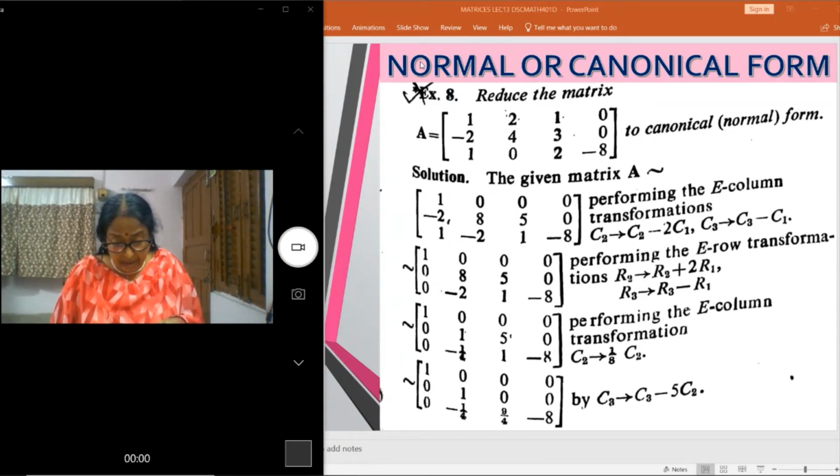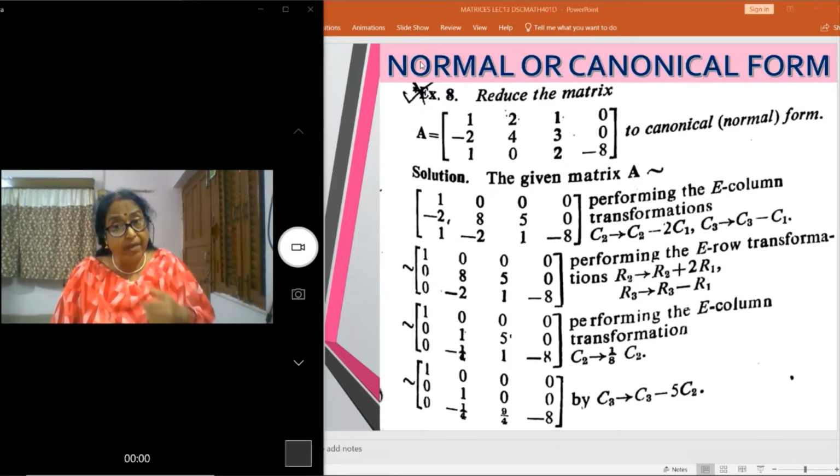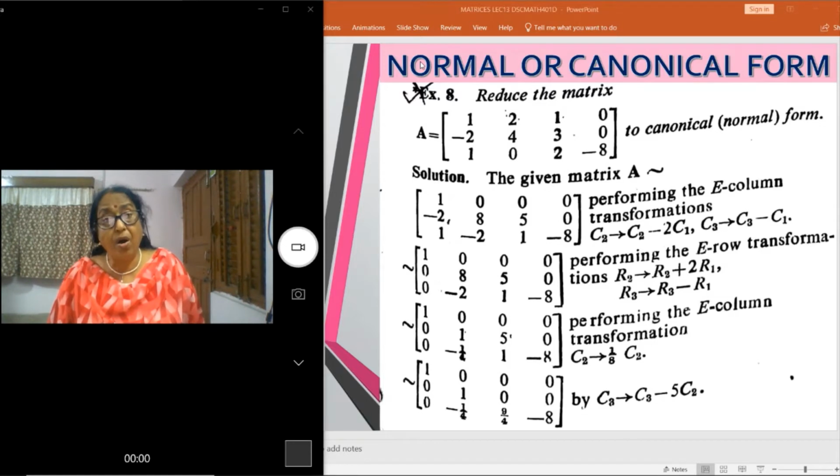And the first topmost value is 1. Again, you see here in the second row, after 0, the value is 8, and it should be 1. To make it 1, you can exchange any row or any column, or divide or multiply by some element, so that in place of 8 you find 1.